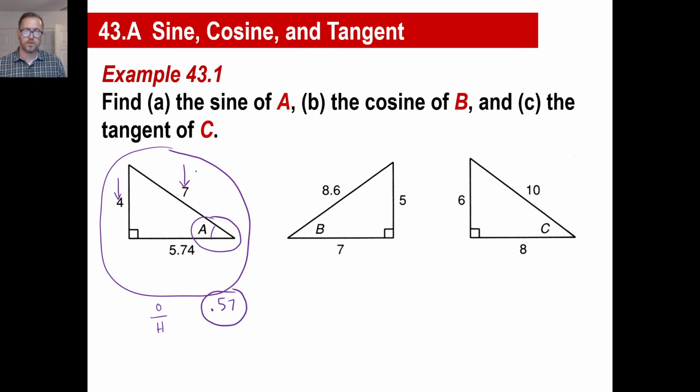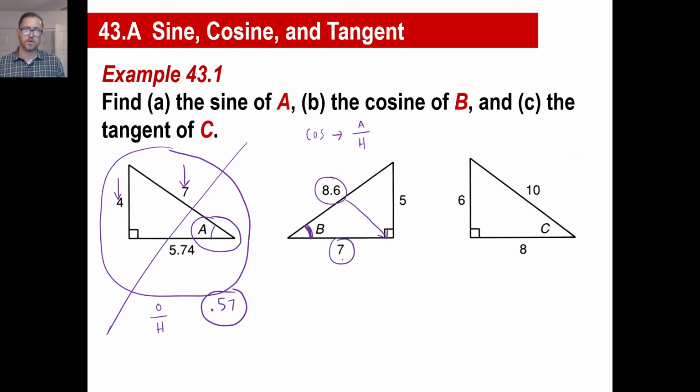Let's do B, the cosine of B. Here's the angle B. The definition of cosine, look in your notes: cosine is adjacent over hypotenuse. That is the angle you're dealing with, cosine of B. So what is adjacent to B? This is next to it, but don't say that's adjacent, because that's always the hypotenuse since it's across from the right angle.